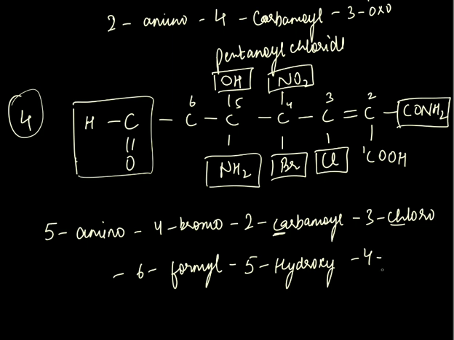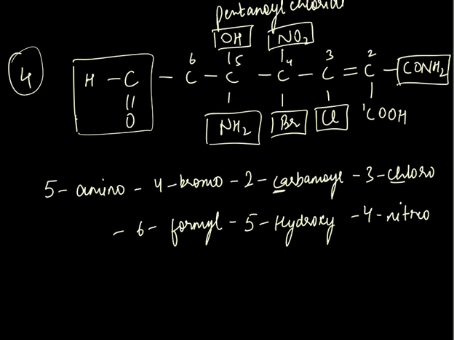Then at 4 position we have nitro, and 6 carbons are there, hex. Then you have a double bond at 2. If you can see this part, 2 and 3, 2 enoic acid. Quite a lengthy name, right? So you can write hexene 1 oic acid, but otherwise if you write enoic acid, that is also understandable.